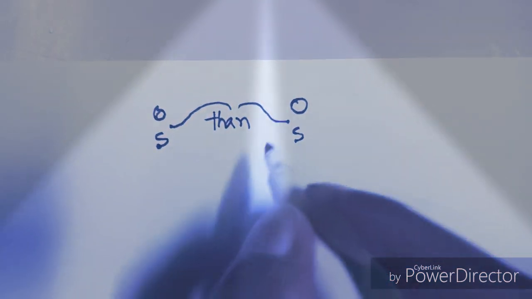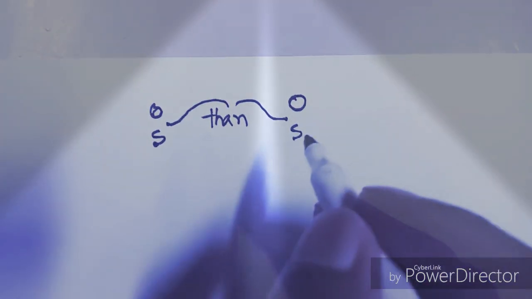And if you see the objective case before than, then after it also use the objective case. So after than you can use the objective case, and also the subjective case. This is the main thing. But how do you understand when to use the objective case after than? That's why now let's see one example.